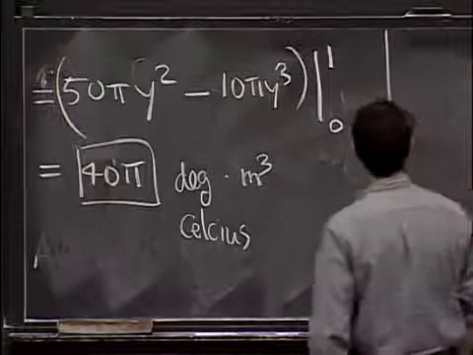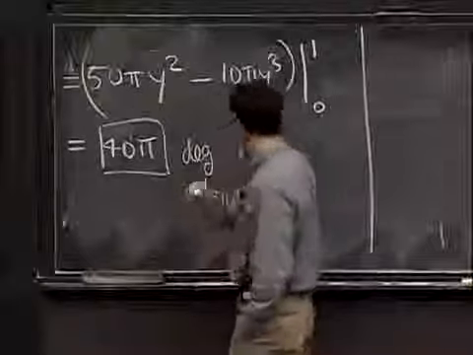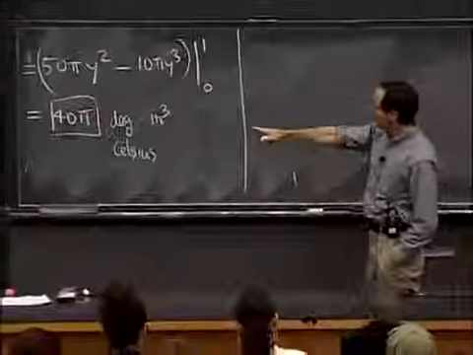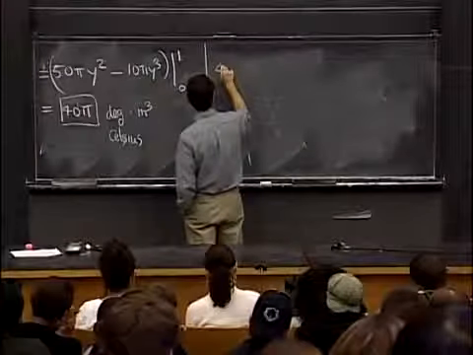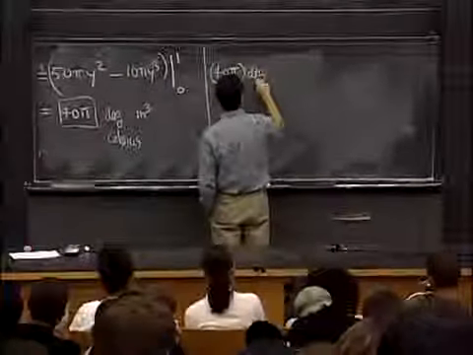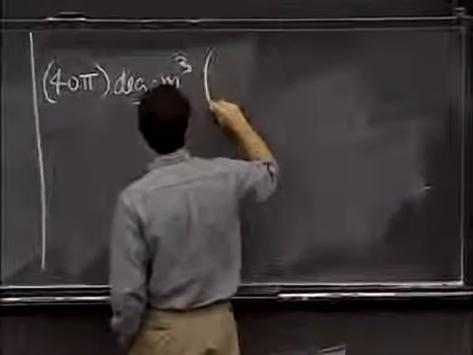And now I can translate this into, Celsius is spelled with a C. There, that's interesting. Celsius. I can translate this into units that you're more familiar with. So let's try 40 pi degrees times meters cubed, and then do the conversion factors.